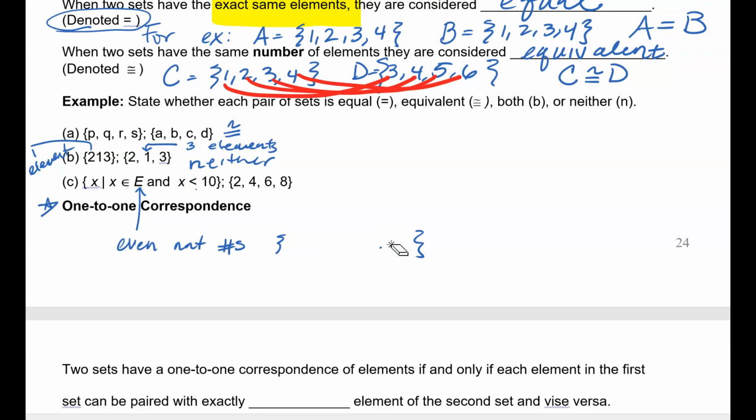Well, I was actually off to a good start, because less than 10 would be 2, 4, 6, 8. Less than 10 means not including 10. So that's what this set builder notation describes, even numbers between 2 and 8. And then 2, 4, 6, 8. Well, it looks like those sets are equal and they would be equivalent since they have the same number of elements.